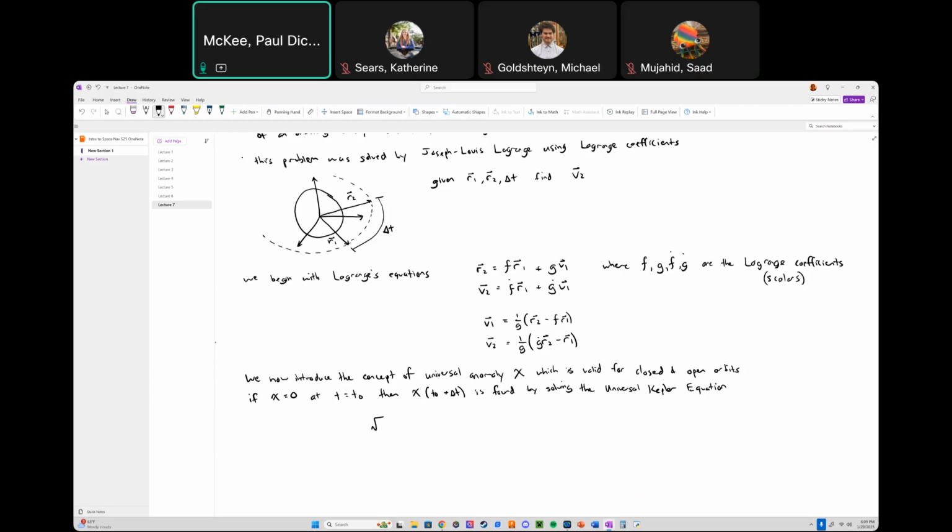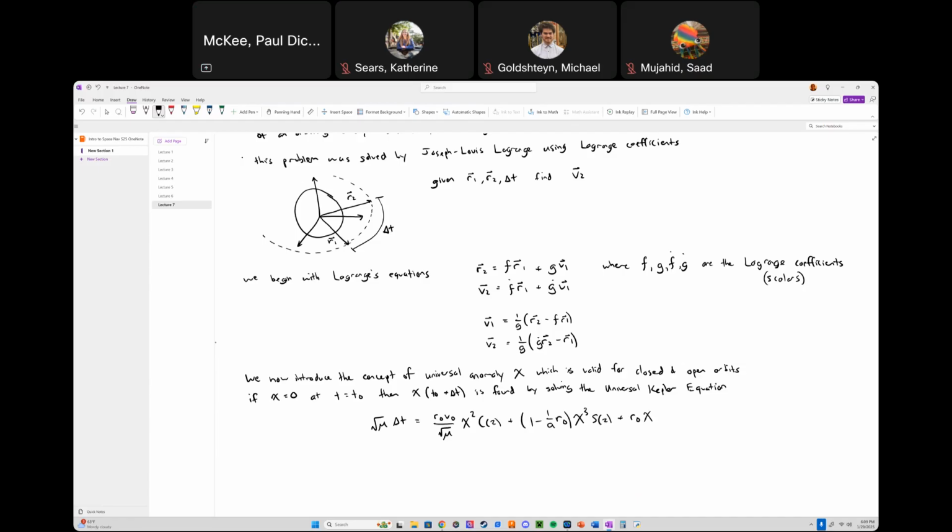And that set of equations looks like this. So it's the square root of mu delta t is equal to r naught scalar v naught scalar over square root mu, chi squared C of z, we'll talk about what that is in a second, plus 1 minus r naught over semi-major axis, chi cubed S of z, talk about what that is in a second, plus r naught chi.